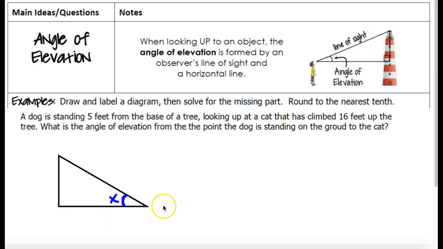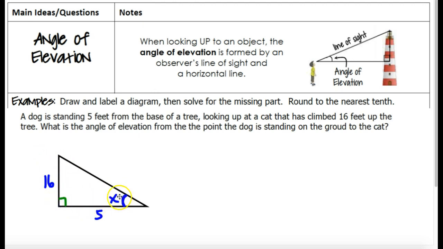The dog is standing 5 feet from the tree. So if the dog's here, the tree's here, standing 5 feet from the base of the tree, and the cat has climbed 16 feet up the tree. So this would be my 16. So from this information, we want to find our angle. Well, again, first thing we want to do is label the sides.